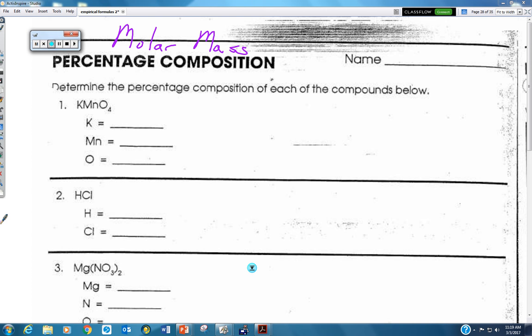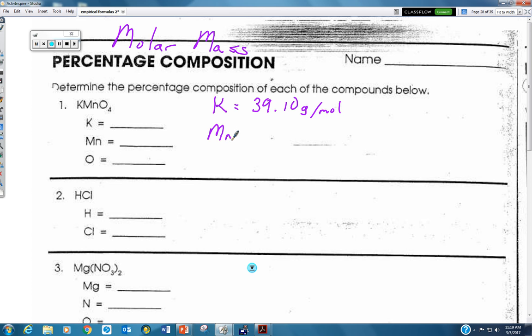Given the formula KMnO4, potassium permanganate, what do we already know about this compound? Well, we can look at the periodic table and determine that potassium has an average atomic mass of 39.098 or 39.10 grams per mole.